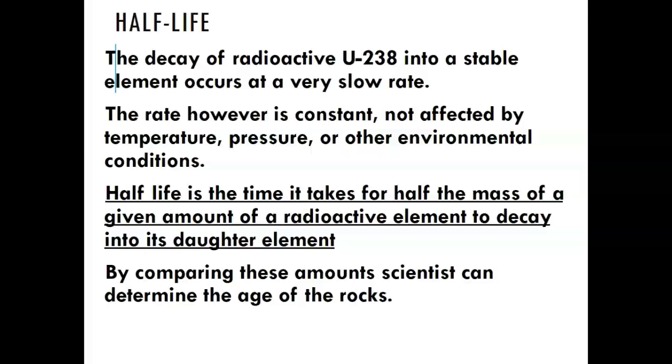We normally refer to that as the parent element, and it's going to decay down into the daughter element, meaning that as the parent element releases the neutrons back out into the environment, or releases that energy back out, it decays down that half-life into a daughter element. So you always still have the parent element.